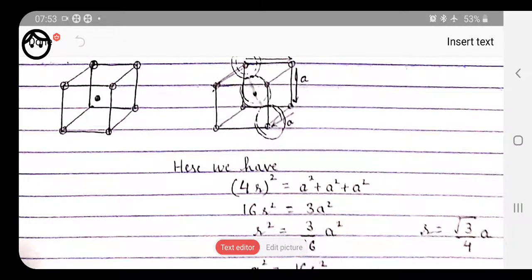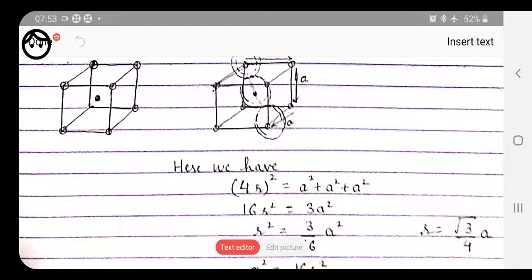So students, after this explanation, we came to know about the number of constituent particles present in each unit cell, and we also know the relationship between the radius of the atom and the edge length of any unit cell. After this topic, I am going to explain the packing efficiency of constituent particles in any solid state.